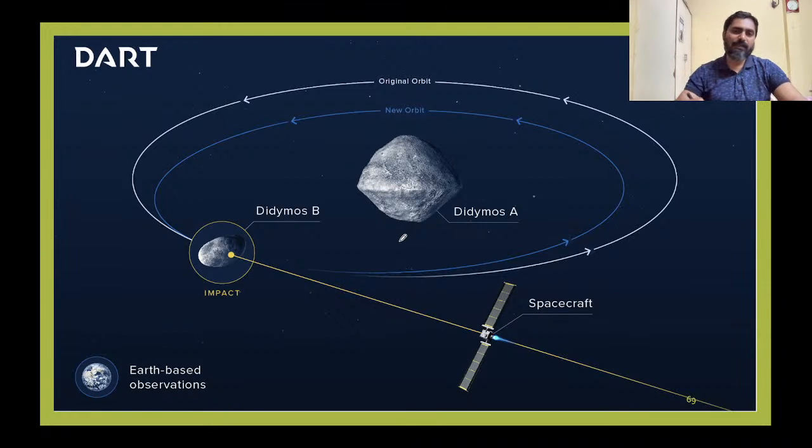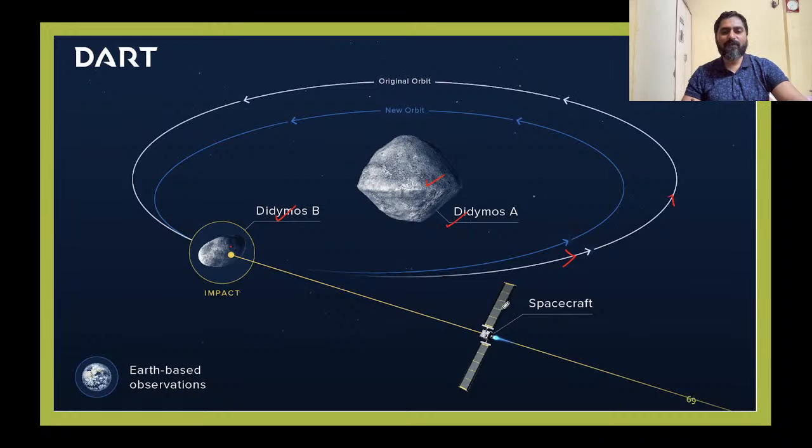There is one large asteroid here, that is Didymos A, and there is a small asteroid here, Didymos B. This small asteroid is revolving around the orbit around the larger asteroid because of gravity.